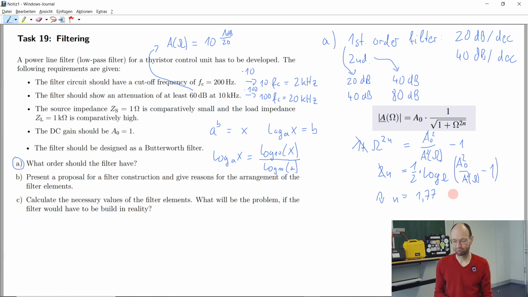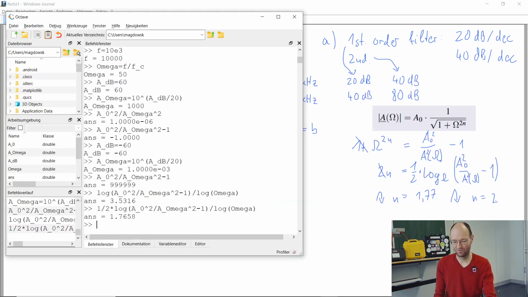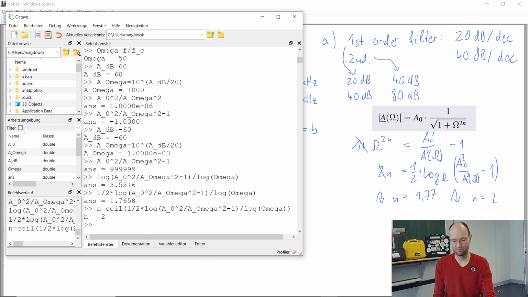And so, of course, from this, what do we say? It should be 2. It should be the next integer number, so the ceiling of this. So n, we need n of 2. So in Octave, we always need to round this up to the next integer number, and then we get this 2.